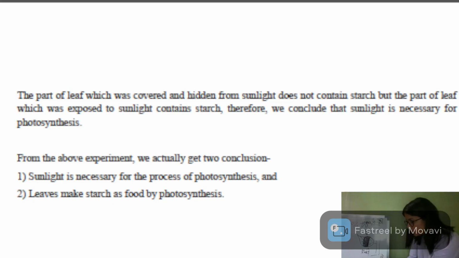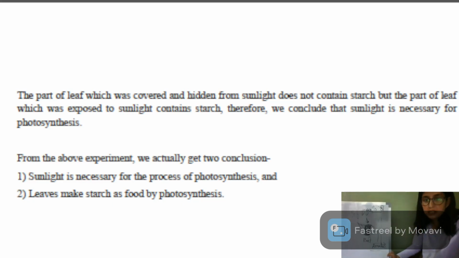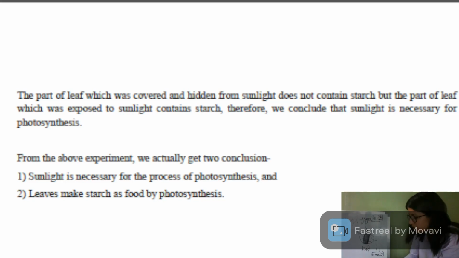So starch is the reserve food material in case of plants. Just like in case of animals, what is the reserve food material in animals? If we talk about ourselves, we also have glucose, and what will it be converted into? I'll give you 2 seconds if you want to answer this question.